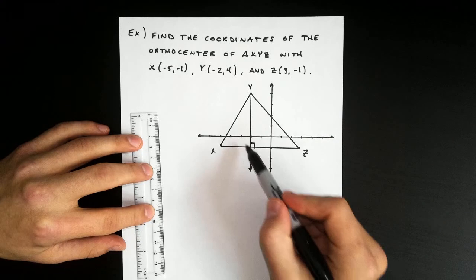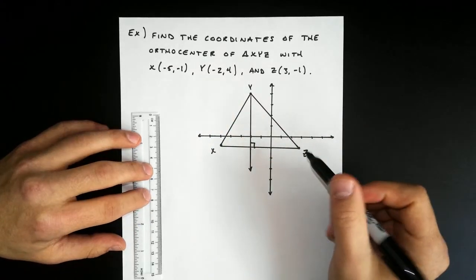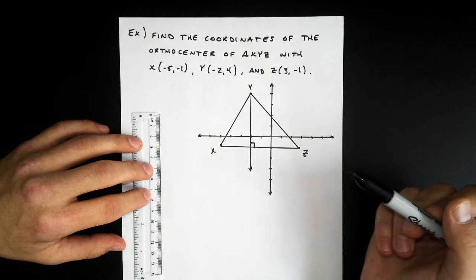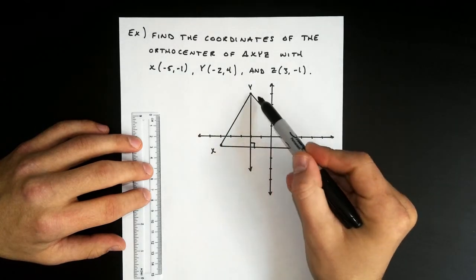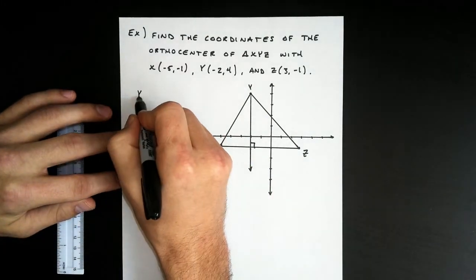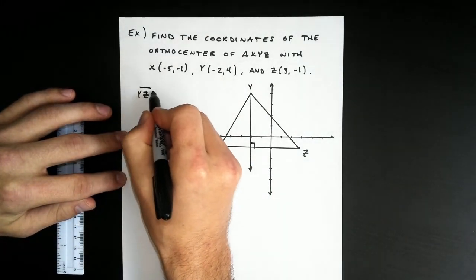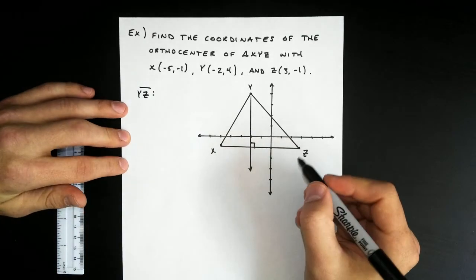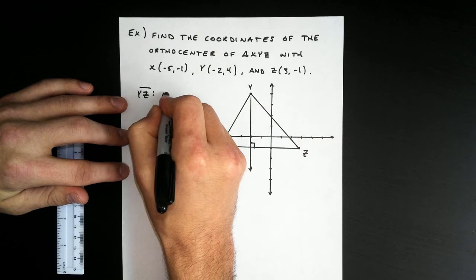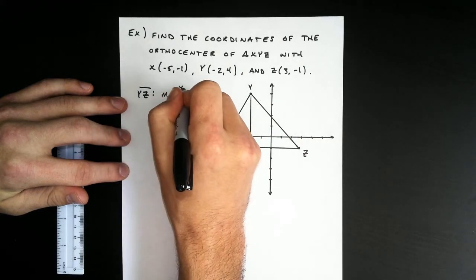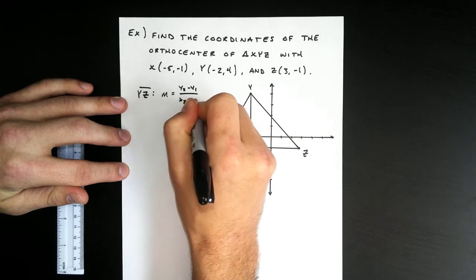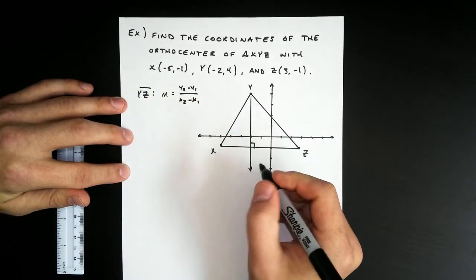So that makes the right angle. Now I need to do an altitude from one of the other vertices, either from X or from Z, and I need to make sure that it is perpendicular to that opposite side. So let's take a look at the segment YZ, and I'm going to find the slope of that segment. With the slope formula, we subtract the y values in the numerator, and we subtract the x values in the denominator.